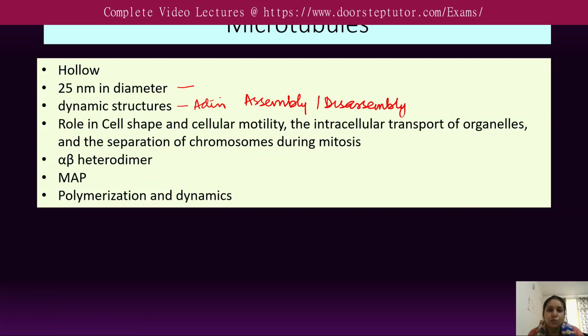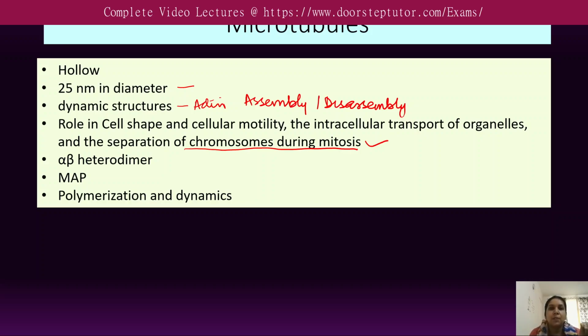Its function is providing the cell shape and also the movement of the cell, or intracellular movement, such as the transport of organelles or vesicles from one place to another. The separation of chromosomes during mitosis is also one of the important functions of microtubules.